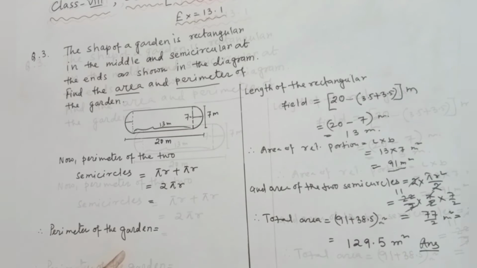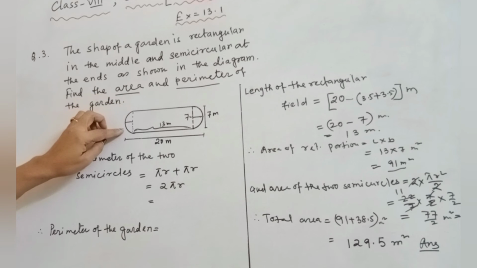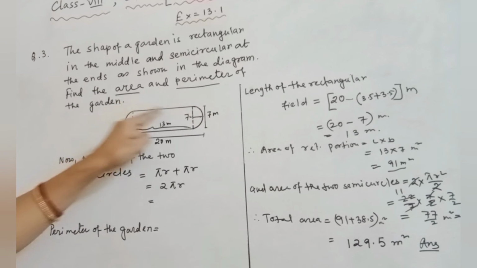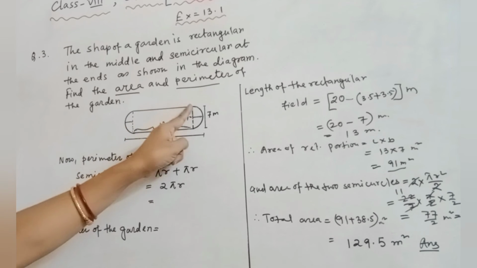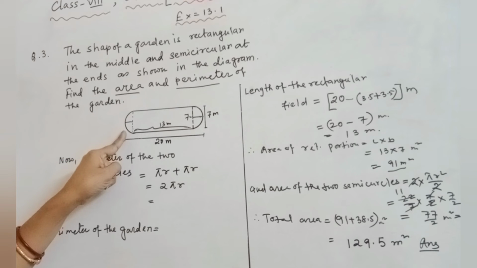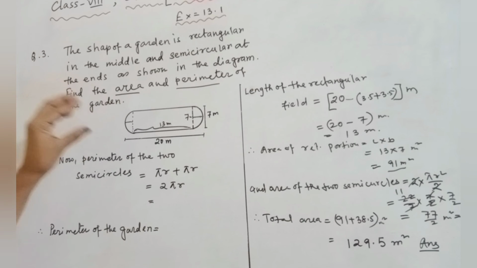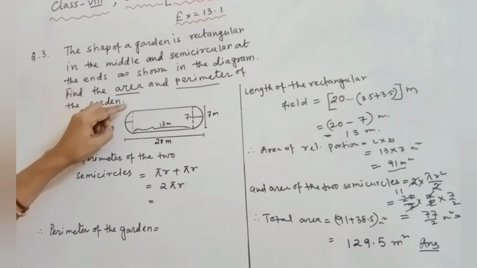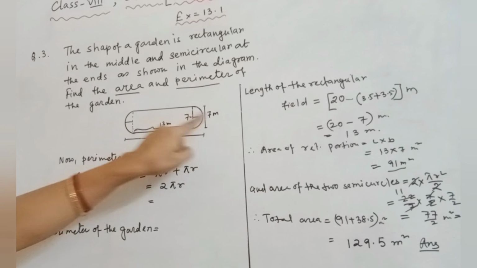Now to find the perimeter of the garden. The perimeter of the garden means the two semicircular portions and this length, 13 from this side and 13 from this side. For the semicircular length, you know that the perimeter of a circle is 2 pi r, but as it is a semicircle, only pi r from this side and pi r from this side.